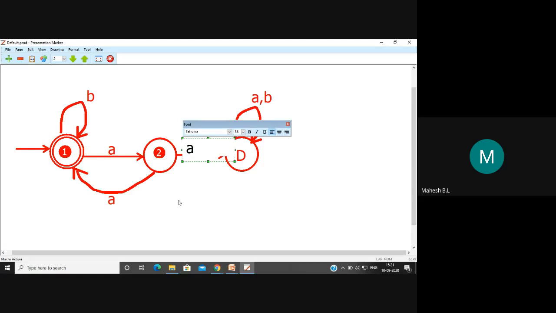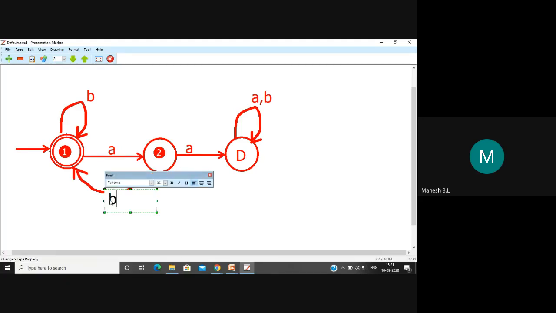Very simple. After A, if there is a B, then you make a transition to the accepting state like this. Then you can have any number of B's at the beginning.